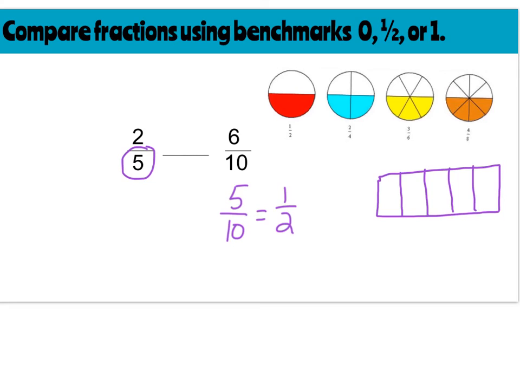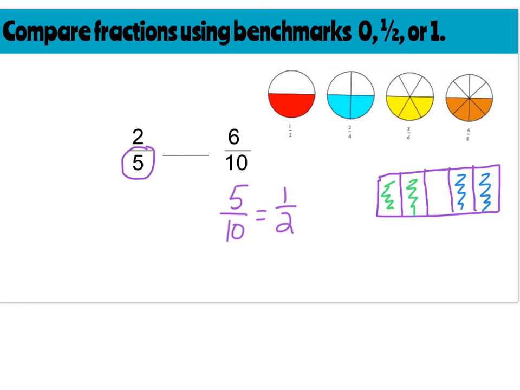Well, if I start shading and I want to keep half for myself and give my other friend half, we would each get 2 full pieces. And then what would I do with that extra piece in the middle? I don't have an even number of pieces to divide in half.